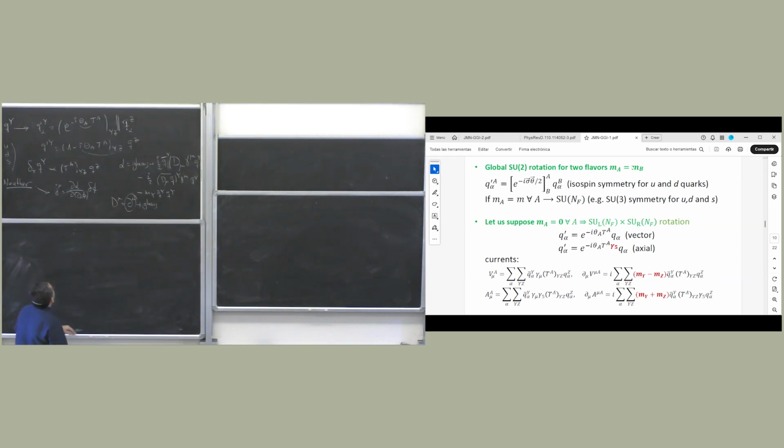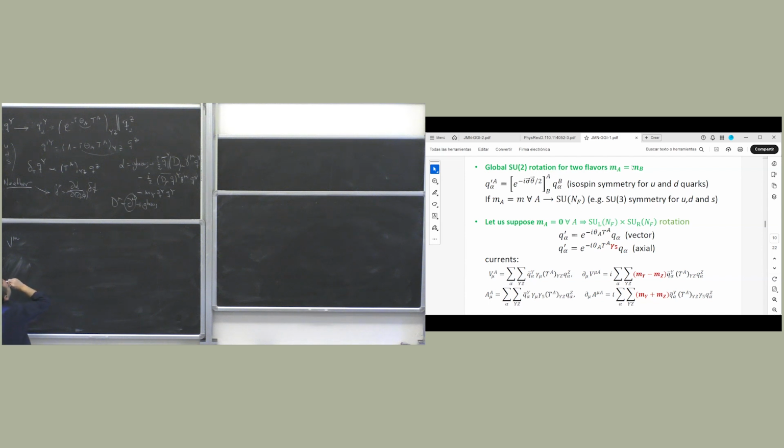So then we find easily that the vector current is just V mu. The vector current will be, okay, there are two contributions, because one contribution is when I take into account the variation of q, and the other one is when I take the contribution of the variation of q bar. Let's pay attention to the first one.